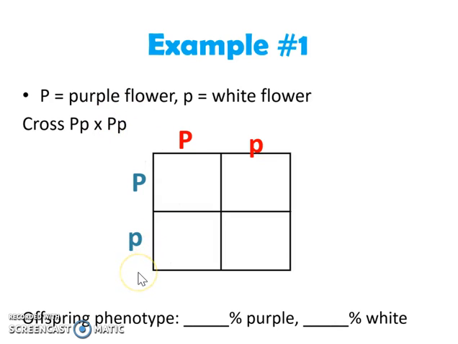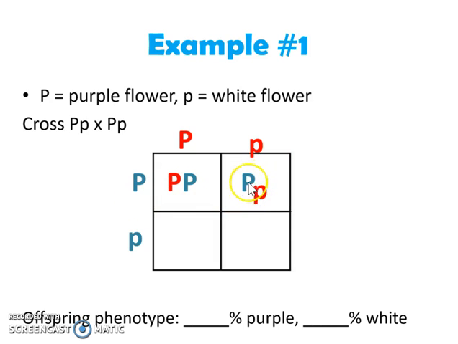So now, like a multiplication chart, we're going to take one from each side and put them in the squares. Let's start with this square. We are going to bring a big P from the top, and there's a big P on the left. Now let's move to this square. We're going to move a little p from the top, because this is little, and a big P from the left.